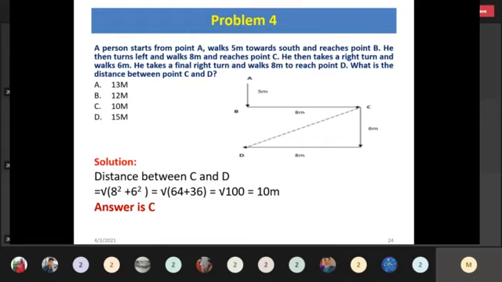He takes a final right turn and walks 8 meters to reach point D. So what is the distance between point C and D?